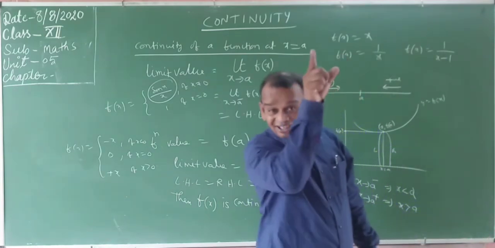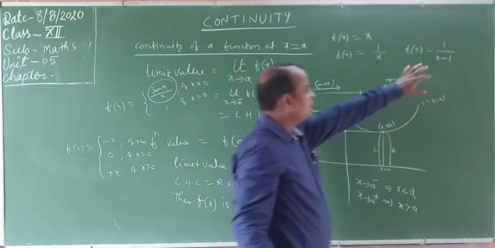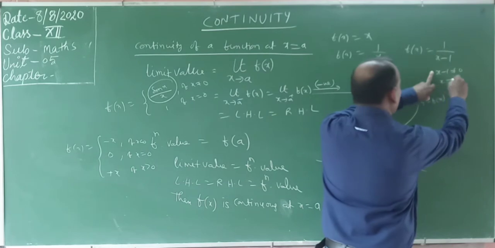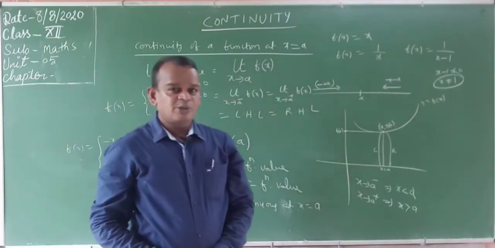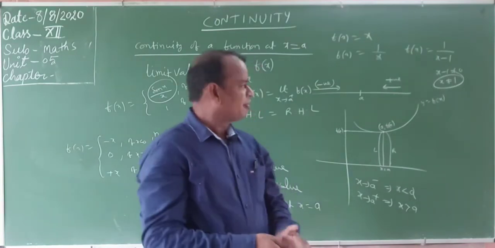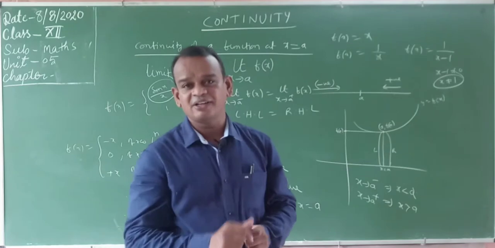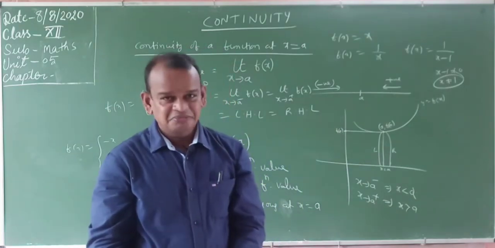It is not defined at x is equal to 1. For the function to avoid infinity, x minus 1 must not equal 0, so x is not equal to 1. At x is equal to 1 it is not defined. X not equal to 1 means defined at every real value. At what value of x is the function not defined? That is the discontinuity point. Understood? Not understood.